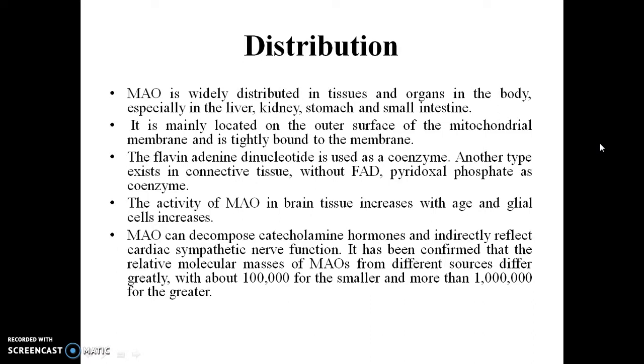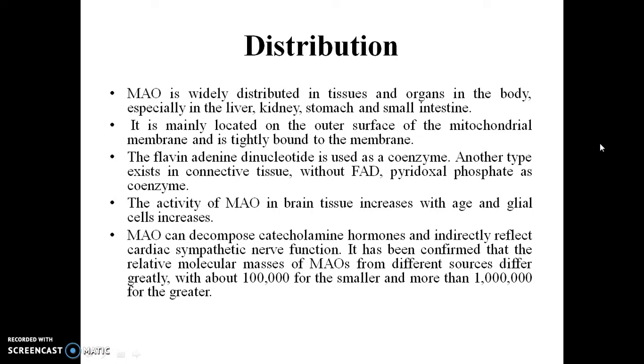Flavin adenine dinucleotide is used as a coenzyme and gets reduced by giving an electron for the metabolic reaction. Another type exists in connective tissue without FAD, with pyridoxal phosphate as a coenzyme.